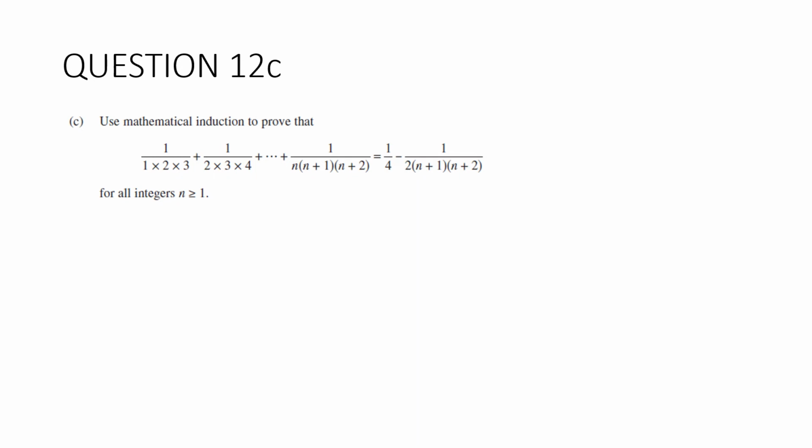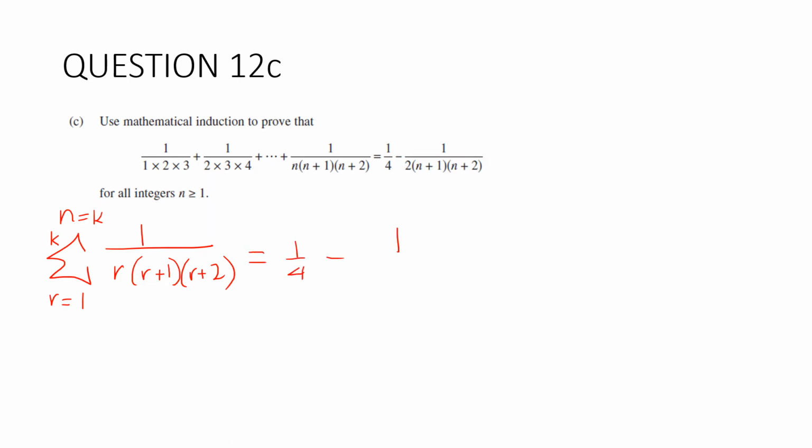Now let's assume that it is true for n is equal to k. So in other words, the sum of 1 over r, r plus 1, r plus 2, from r is equal to 1 up to k, is equal to a quarter take away 1 over 2, k plus 1, k plus 2.